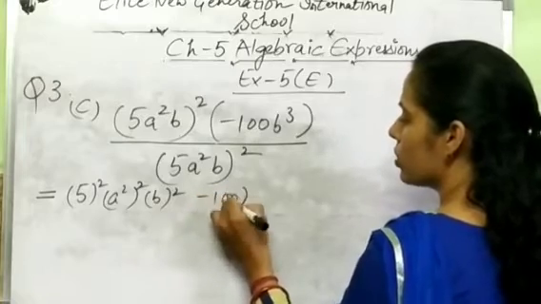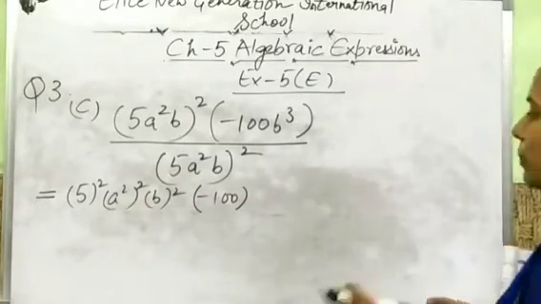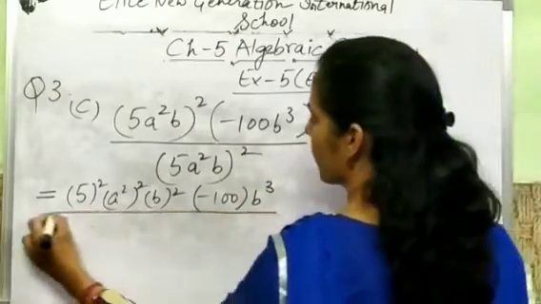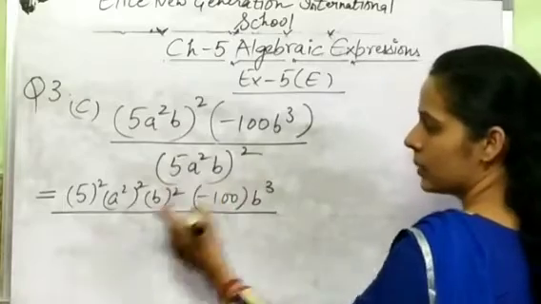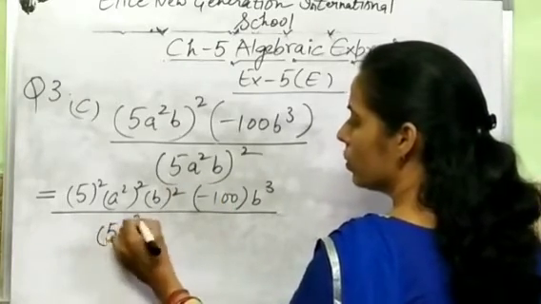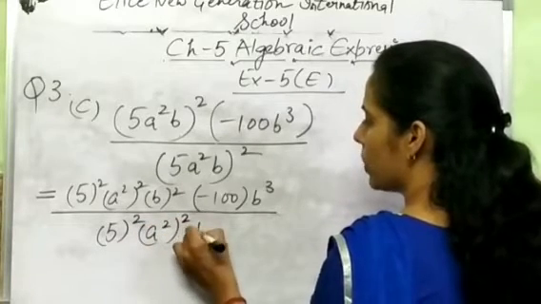Minus 100 you can also write in another bracket, so b cube. And again, the same case you need to apply here: 5 to the power 2, then a to the power 2 to the power 2, and then b to the power 2.